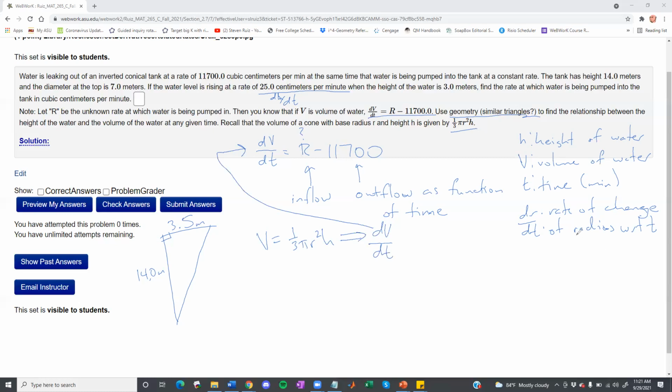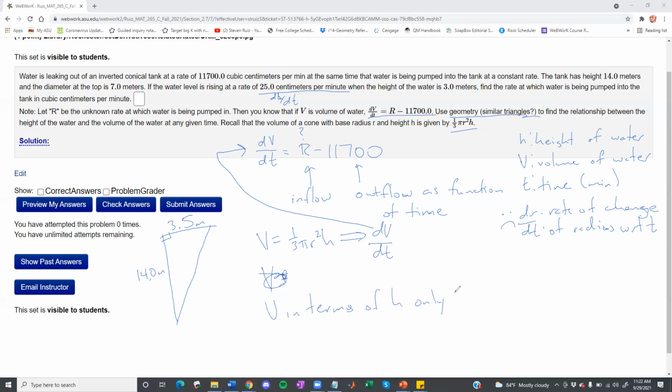One more hint I'll give you: I've already said that this dR/dt is not something you're probably going to be able to get your hands on. It's certainly not constant. But here's what you can do. Can you rewrite this function V? Can I write V in terms of H only?